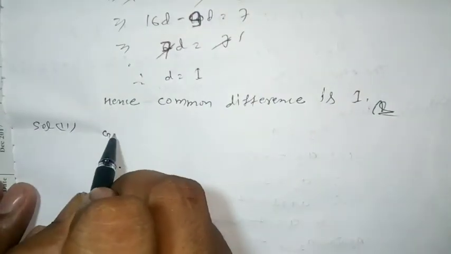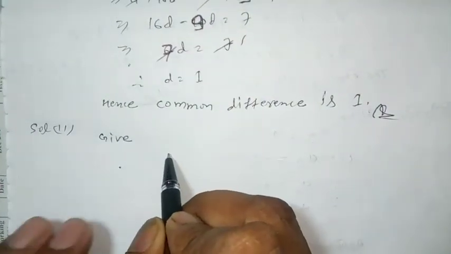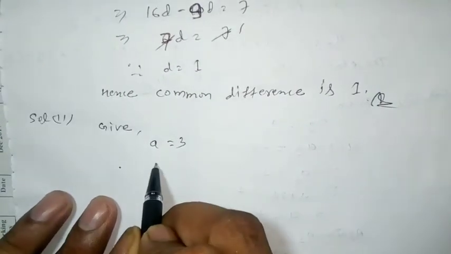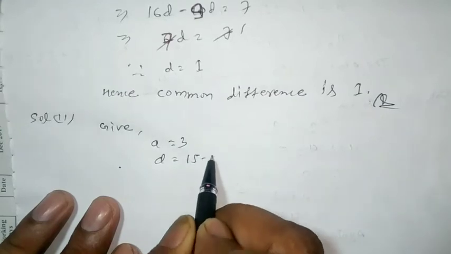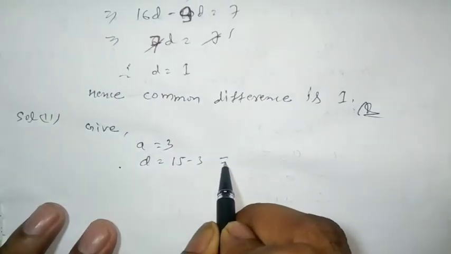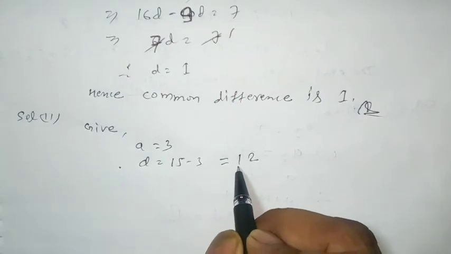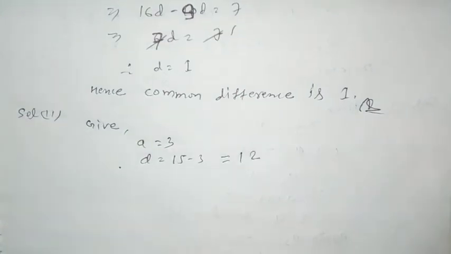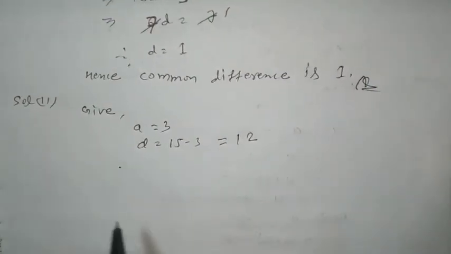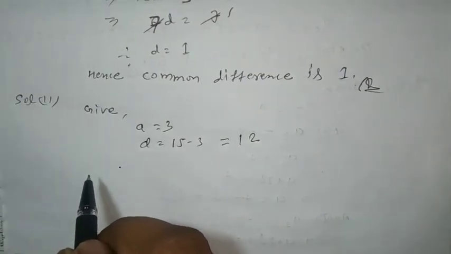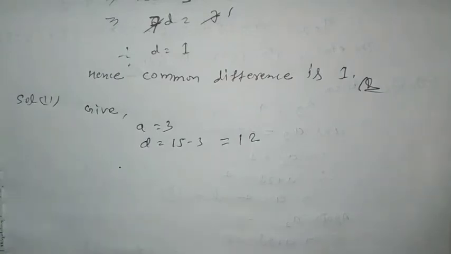Given A is equal to 3, D is equal to second term minus first term, 15 minus 3 is equal to 12. Now we have to find the nth term.